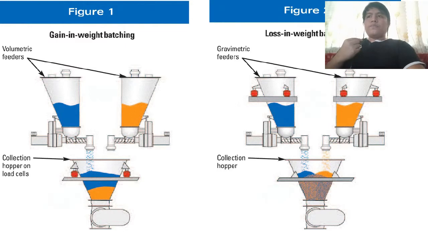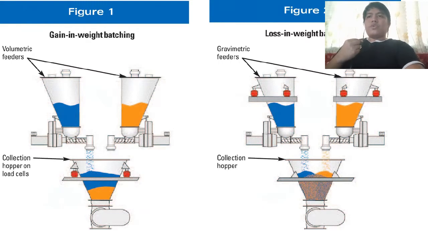The sampling process must be repeated each time there is a change in bulk density, and also a change in the ratio of the ingredients in the process.